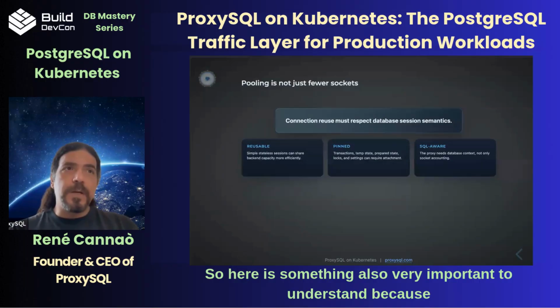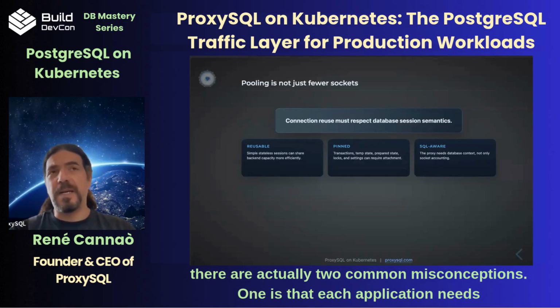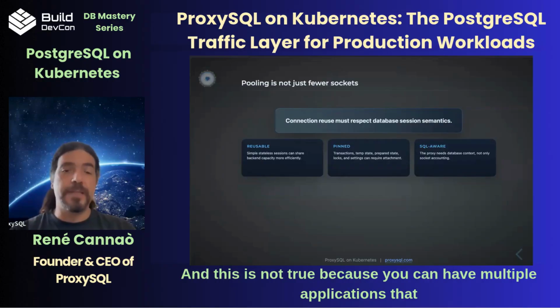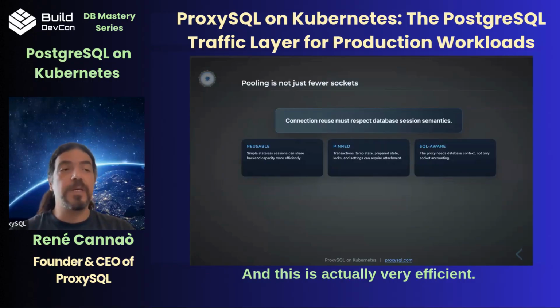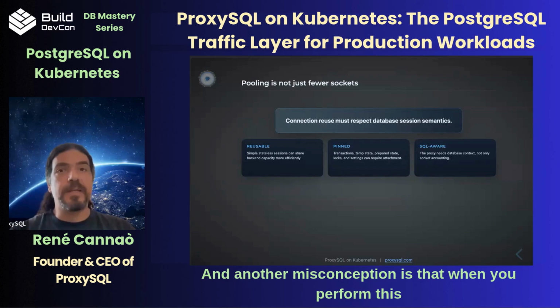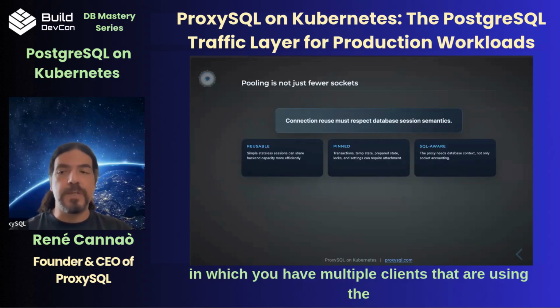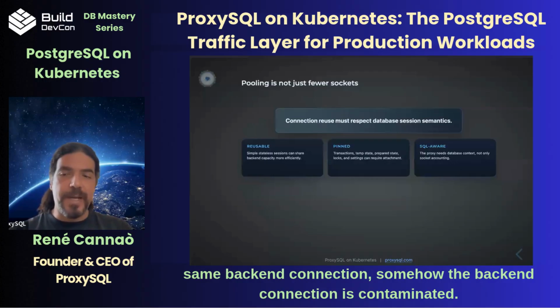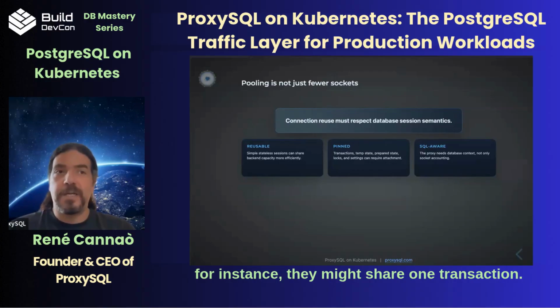Here is something very important to understand, because there are two common misconceptions. One is that each application needs to have a backend connection all the time, and this is not true, because multiple applications can share one single backend connection, and this is actually very efficient. Another misconception is that when multiple clients use the same backend connection, somehow the connection is contaminated, for instance because they might share one transaction.